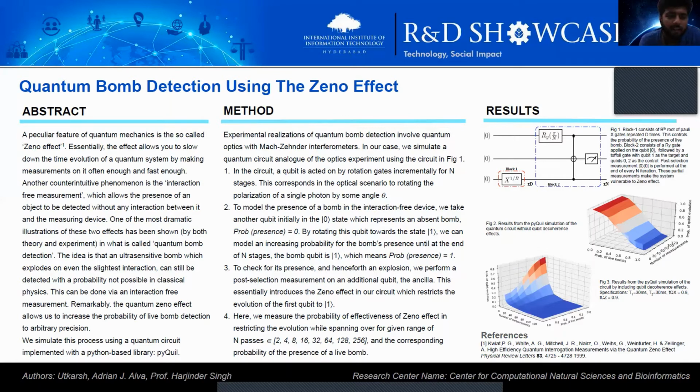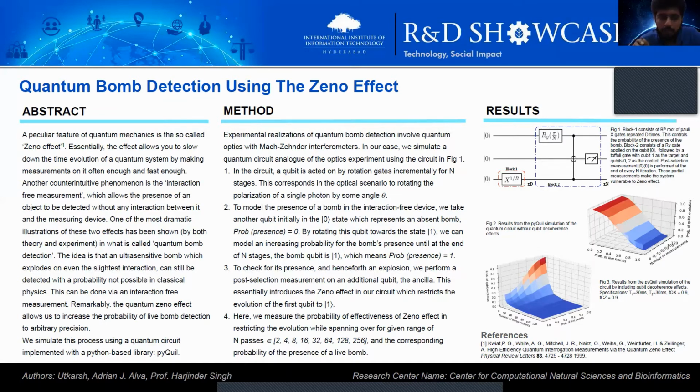How likely is it that the bomb will survive all the passes? That's a tricky question. If we are rotating the state by pi by n in every rotation, the Ry gate, then the survival probability P_n would be equal to cos(pi/n) raised to the power n. Now, notice that in the limit of n to infinity, this value approaches 1.